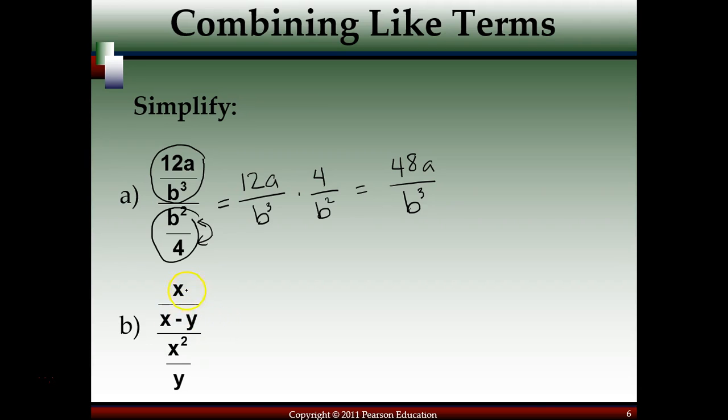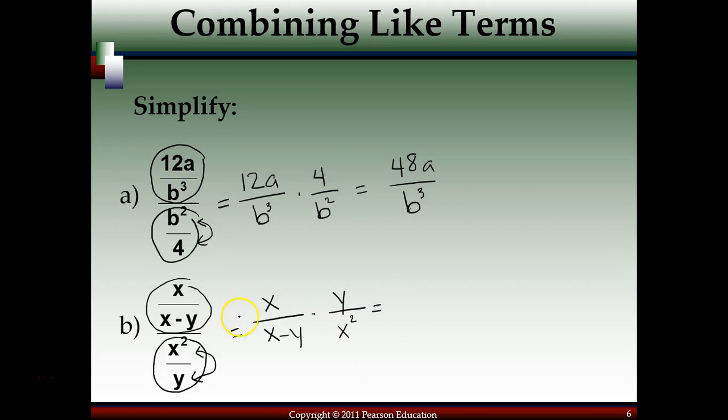All right, so let's do the same thing. We have our numerator here, our denominator here, and we're going to multiply this numerator by the reciprocal of this denominator. So y times x squared.